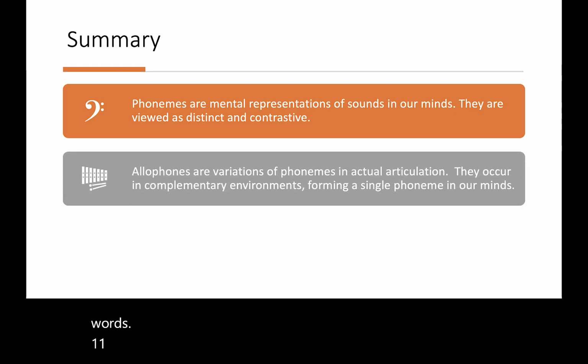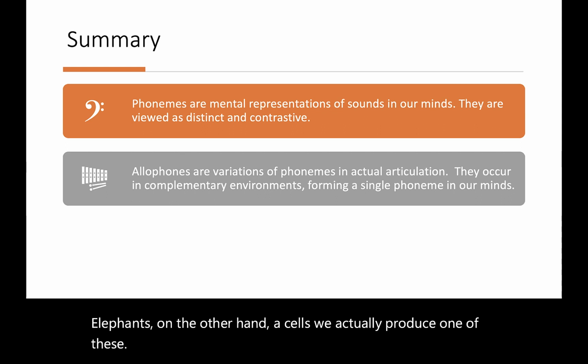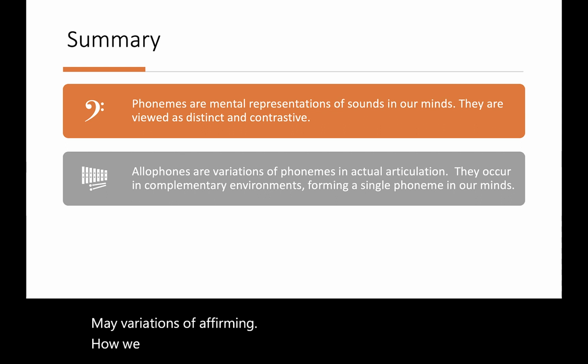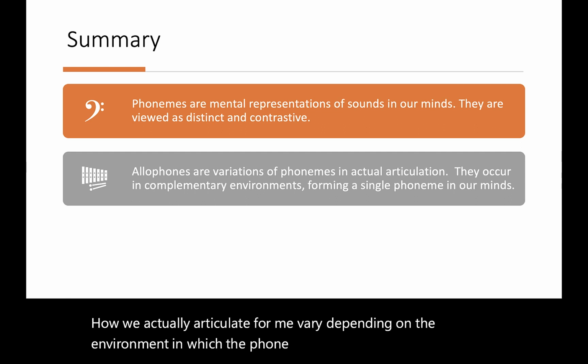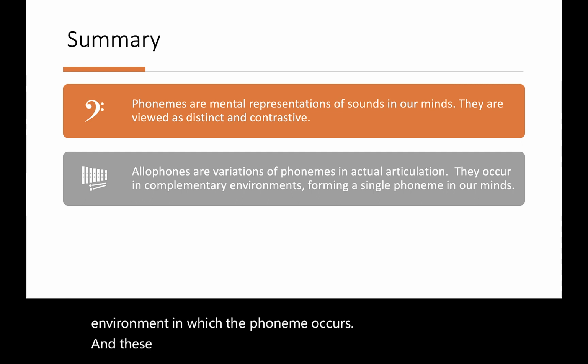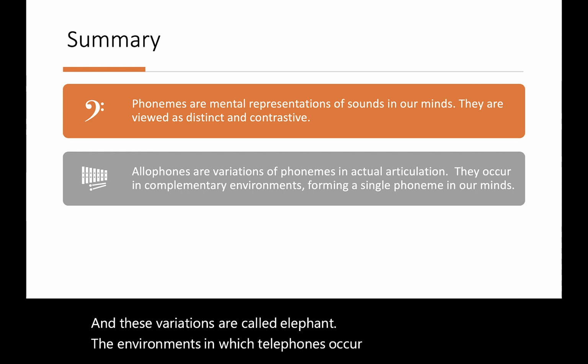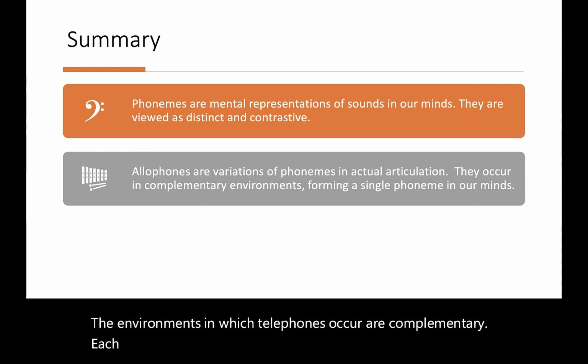Allophones, on the other hand, are sounds we actually produce when we speak. They are variations of a phoneme. How we actually articulate phonemes varies depending on the environment in which the phoneme occurs, and these variations are called allophones. The environments in which allophones occur are complementary. Each one adds up to others to constitute what we perceive as a whole phoneme.